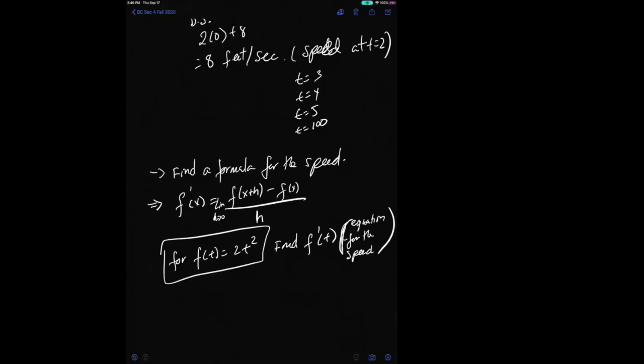Are we plugging the x plus h and the x into the 2t squared? Yes, you are.